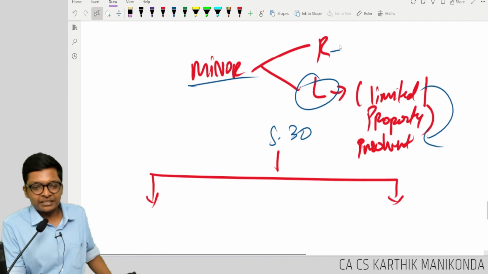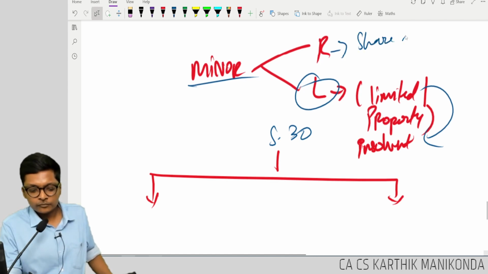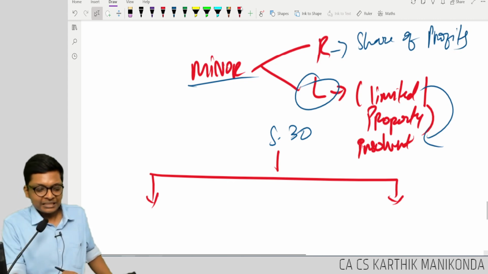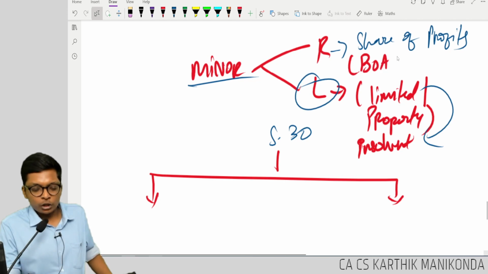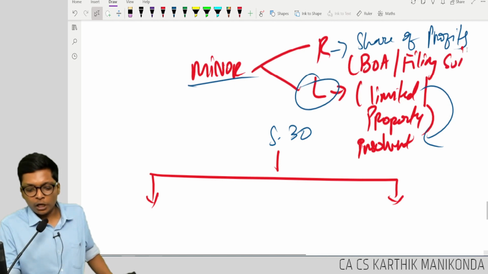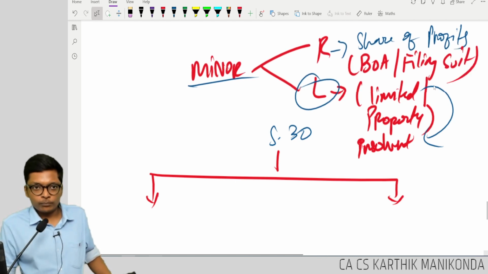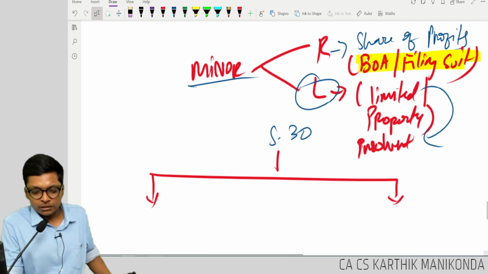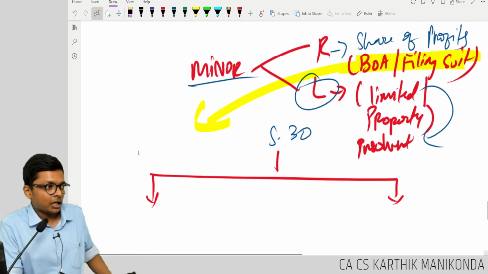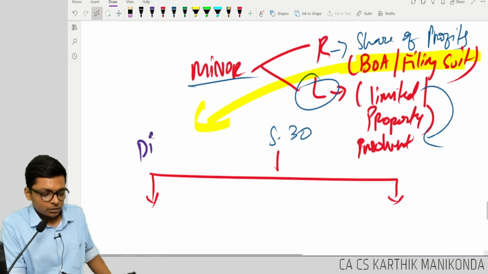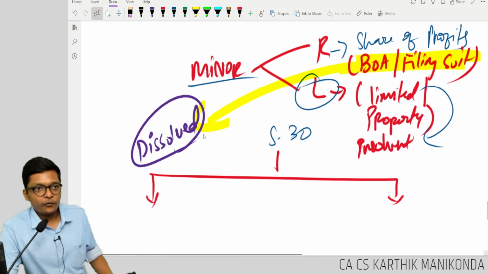What are your rights as a minor? Right to receive a share of profits, and you have the right to inspect books of accounts or file a suit for not obtaining books of accounts, but this can be done only when the firm is going to be dissolved. Are you following, guys?